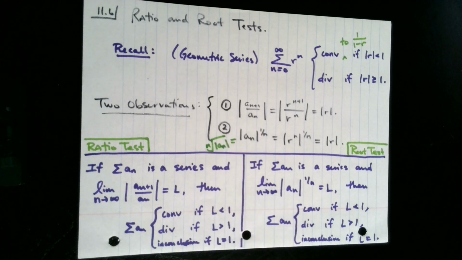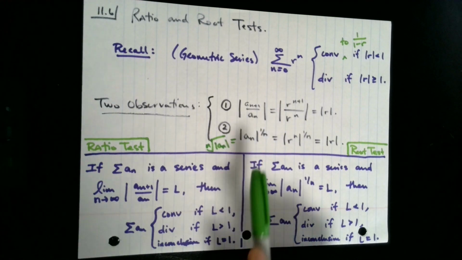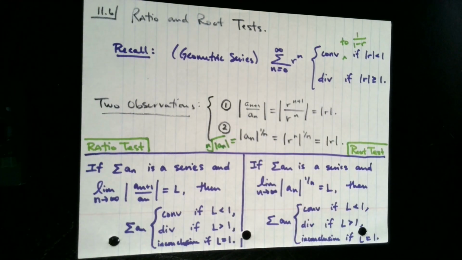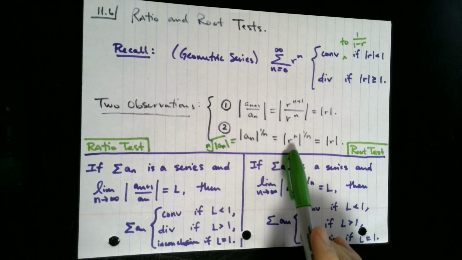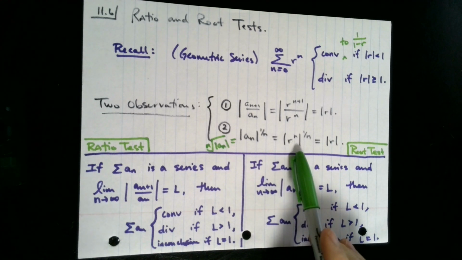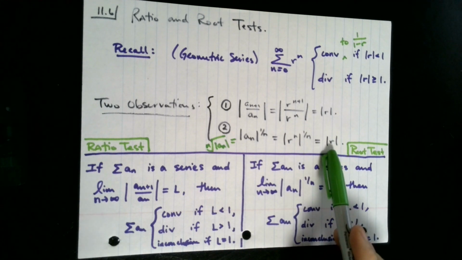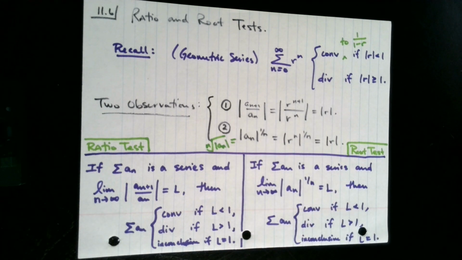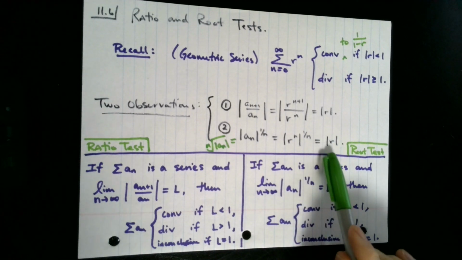You just write it as the 1 over n power. Well, what if you took each of the terms of your geometric series and raised them to the 1 over n power? The nth term in your geometric series would be just r to the n, and if you raise that to the 1 over n power, well, a power raised to a power, you multiply the exponents. The exponent would just be 1. You would just have r to the 1, which is r. Well, specifically absolute value of r, I should say.